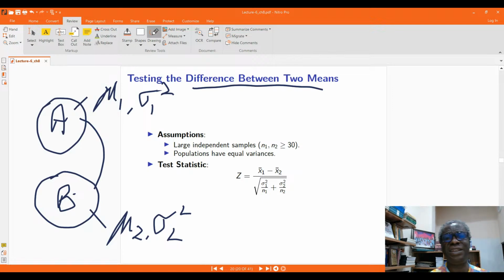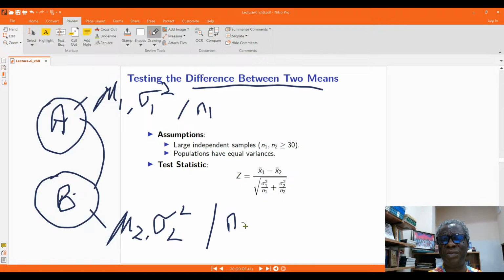Then what we do is we take a sample from population A, with sample size n1. Again, we take a sample from the second population, n2. We get the mean from the first sample, x bar 1, and the mean from the second sample, x bar 2.